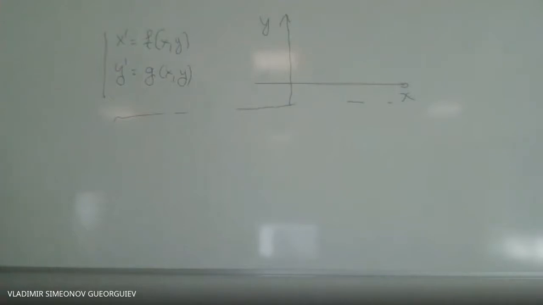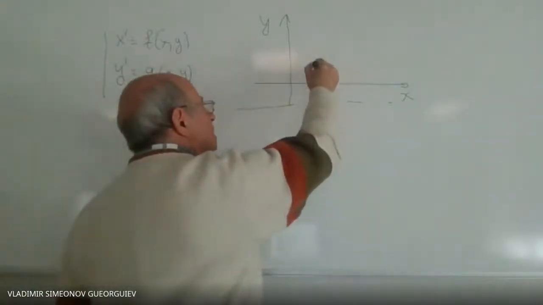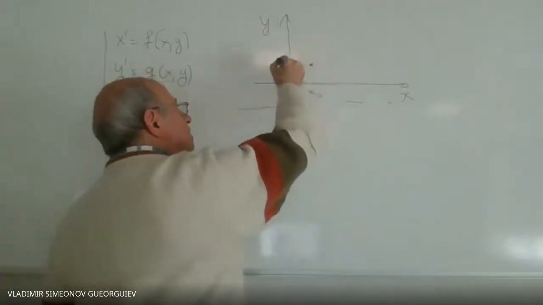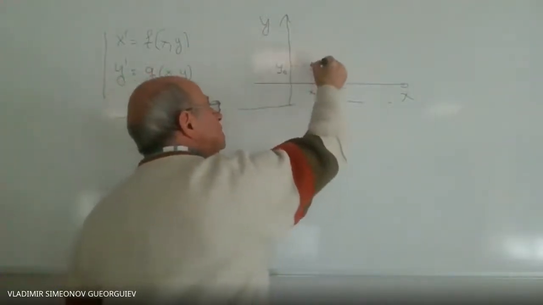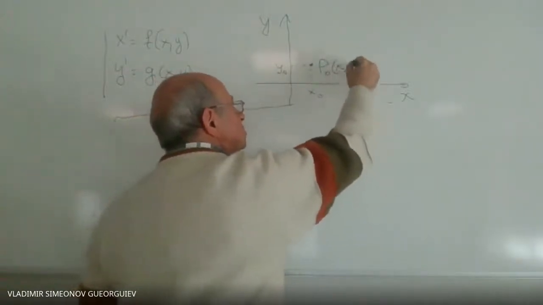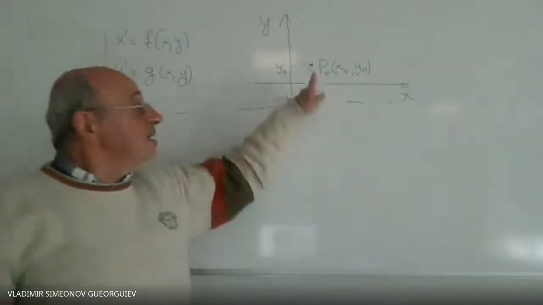If, for example, we take a point that has coordinates x0, epsilon 0, this point P0 may be our starting point.